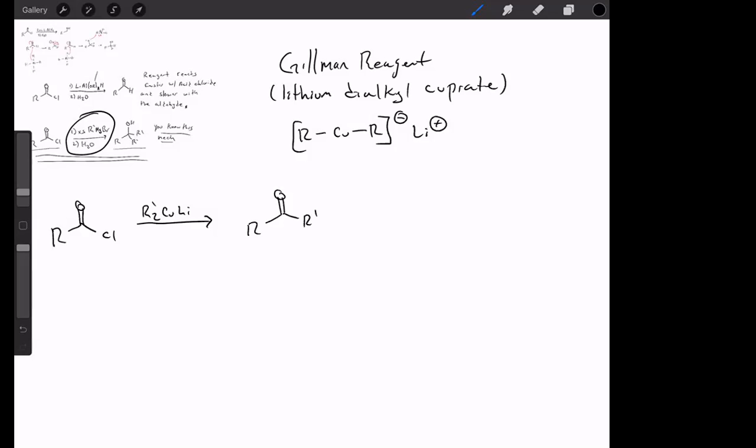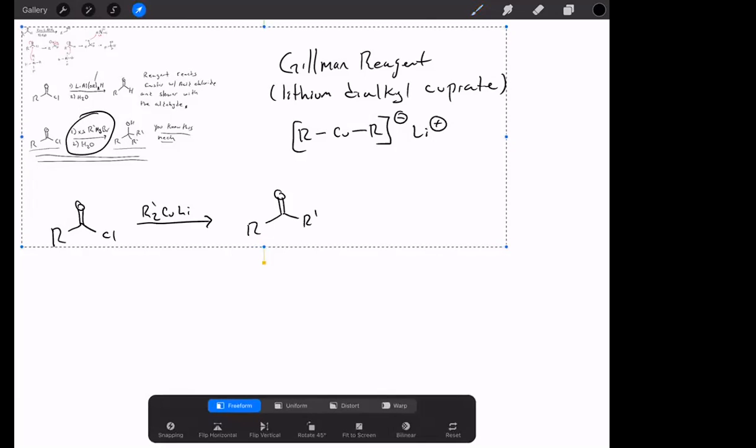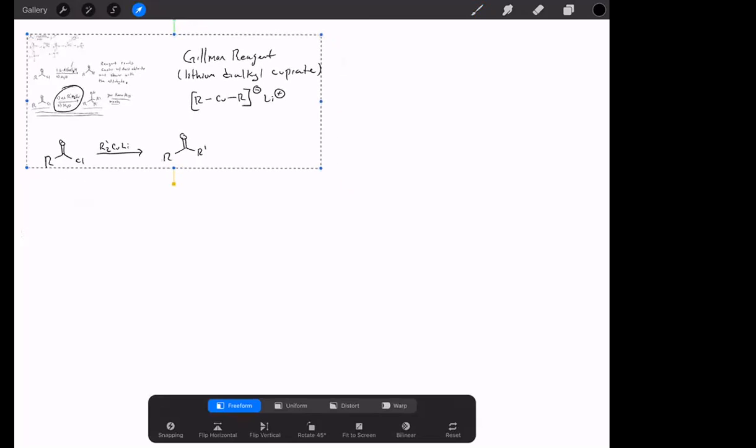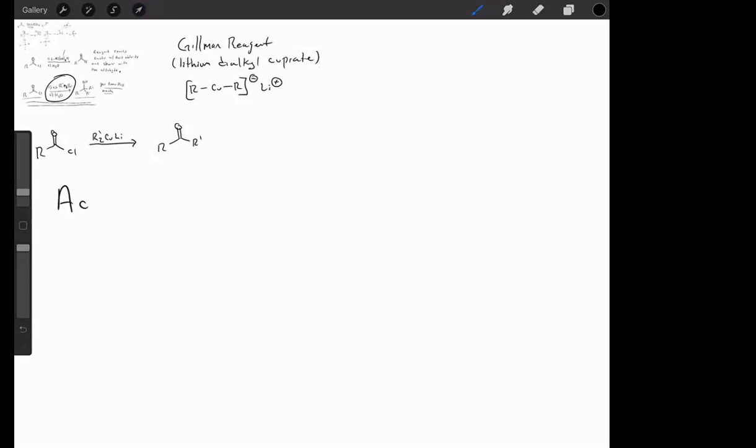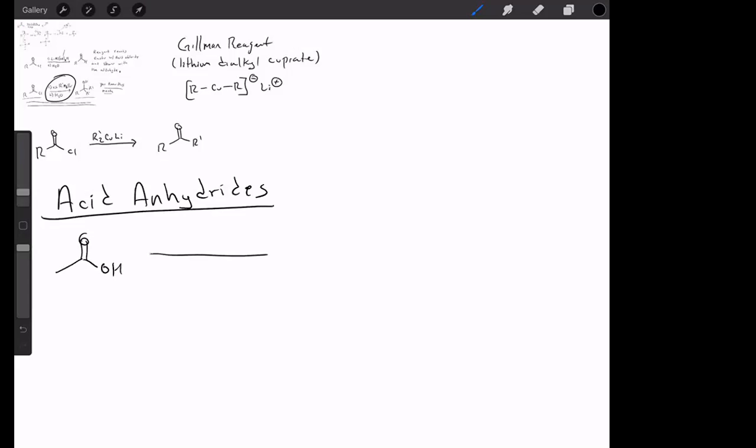All right. So that really concludes all of the reactions and mechanisms that involve acid halides. What we want to do now is talk about acid anhydrides. From the perspective of acetic acid, if we take acetic acid and we heat it up, not just a little bit, but a lot, then we can eliminate water and form acetic anhydride.